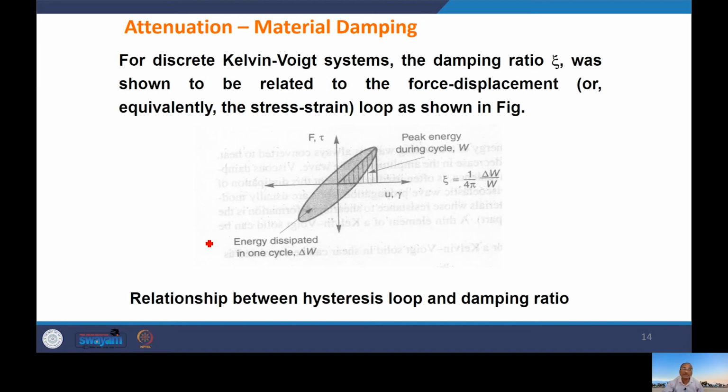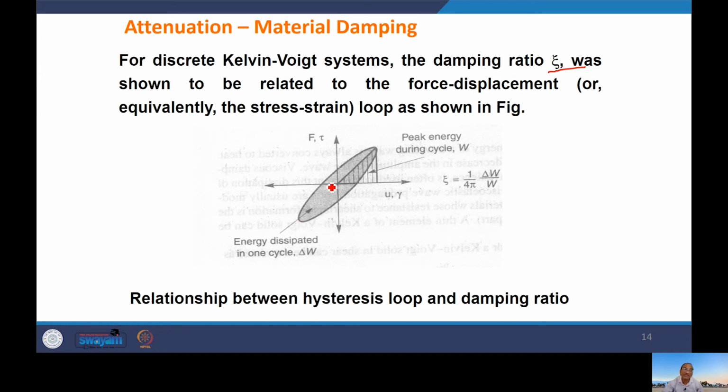Now, normally the damping is represented in terms of what is called the damping ratio. This is a dimensionless number, and it is a ratio only. For viscous damping, the damping ratio notation is given by chi, and this is related to the force displacement or stress strain loop as shown in this figure.